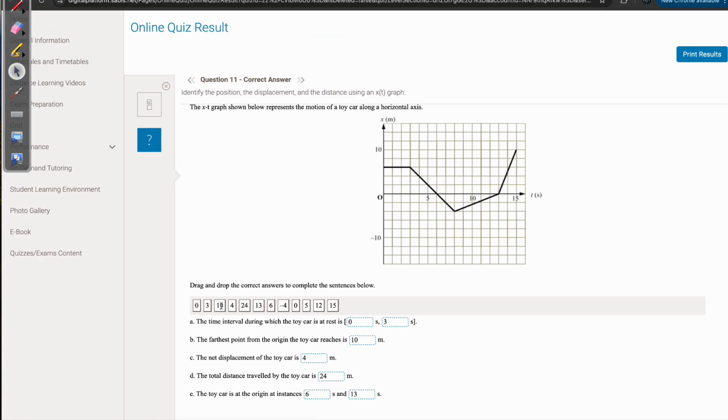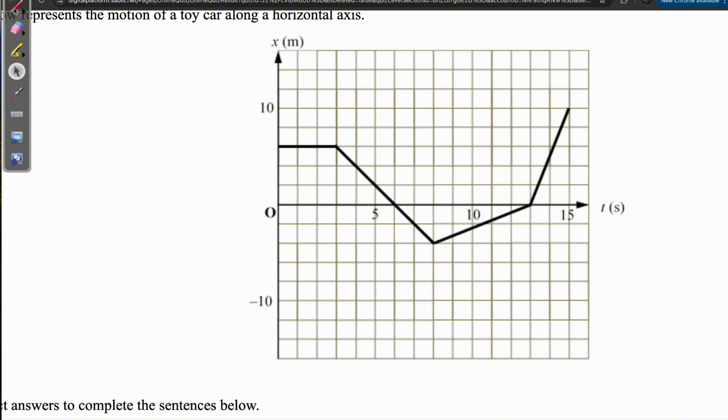Now for part E. The toy car is at the origin. It meets the origin when the line intersects the x-axis. So at what points does the line intersect the x-axis?